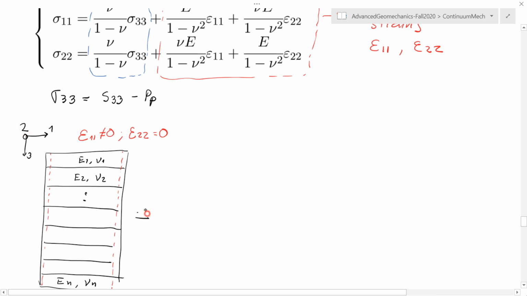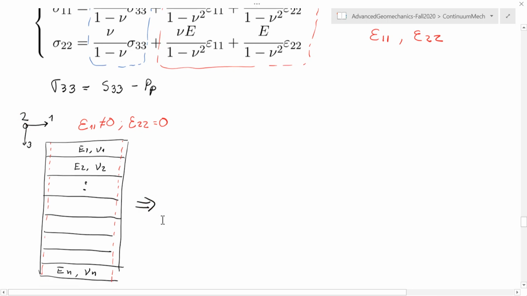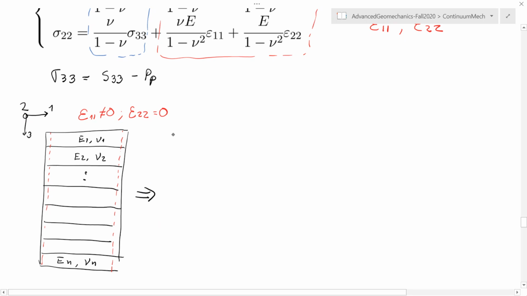As a result, from applying the equation that I have on top, I would have a profile of horizontal stress sigma 1,1, which is going to depend on the stiffness of the layer. And the larger the stiffness, the larger the stress is going to be. Why? Because the tectonic strain in this case is uniform for all this stack.